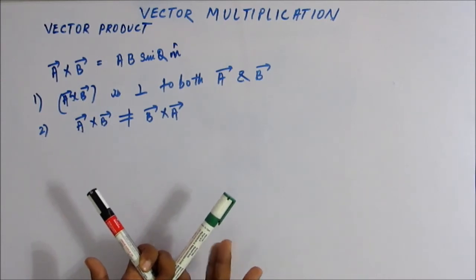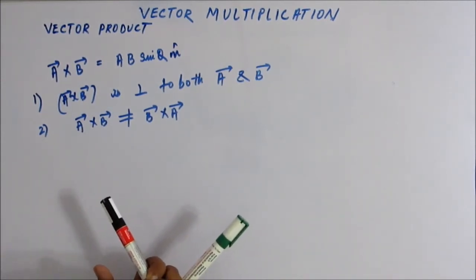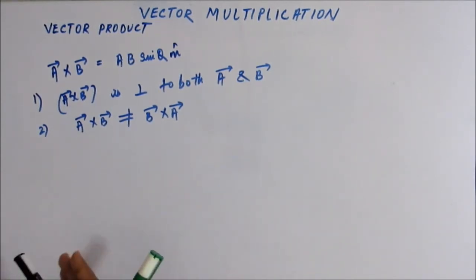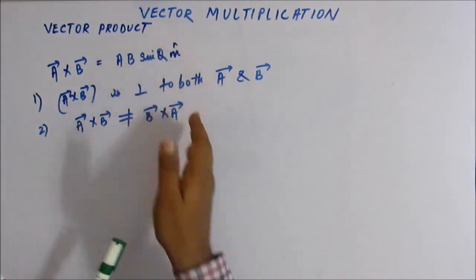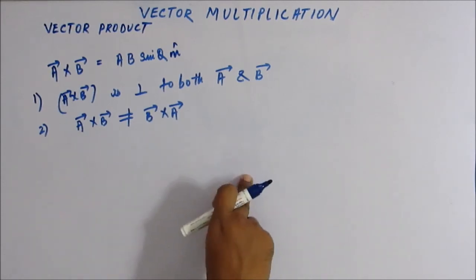And if you are curling your palm from B to A, then it's just in the opposite direction. So the magnitude will remain same. Everything is same, the magnitude of A, B and theta, they all are same, but the direction will vary. And vectors have both components, magnitude and direction. If direction changes, the vector changes. So A cross B will not be same as B cross A.